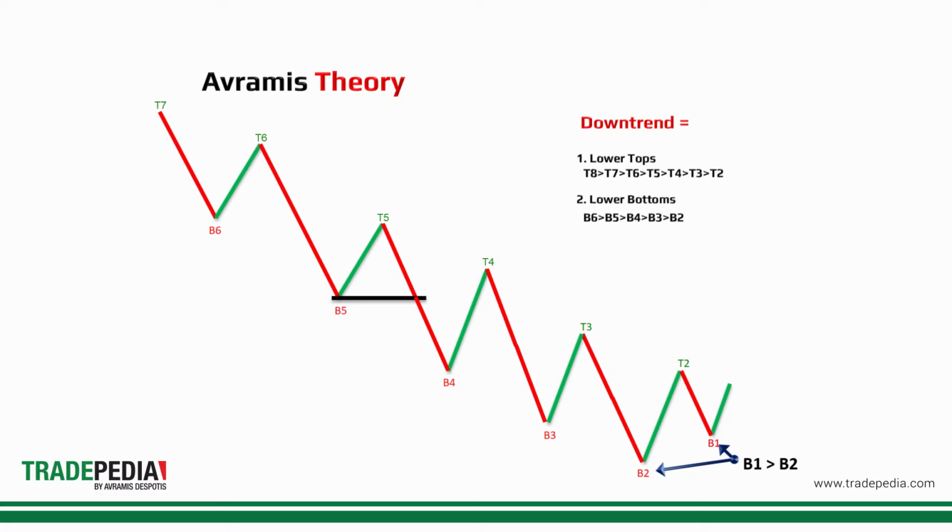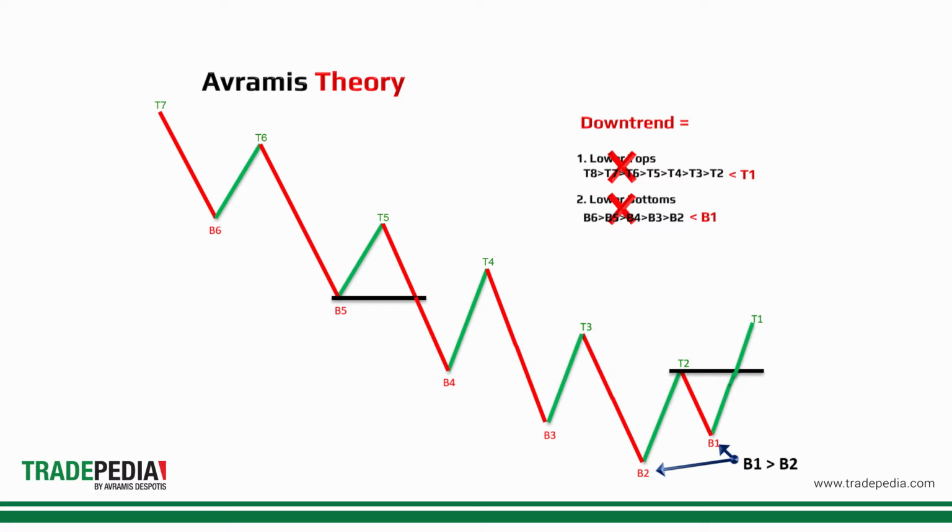In this case, we have a possible trend reversal since one of the characteristics of the downtrend has already been destroyed. Now, if the market is to break above the level of the previous top at T2, this would destroy both of the characteristics of the downtrend and signal a trend reversal to go long.